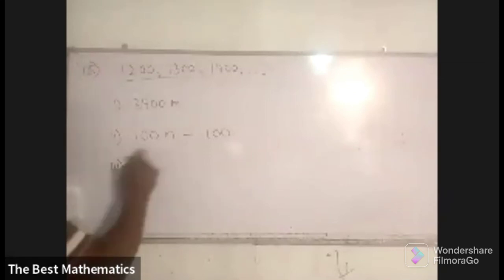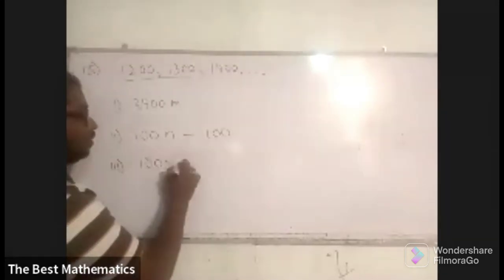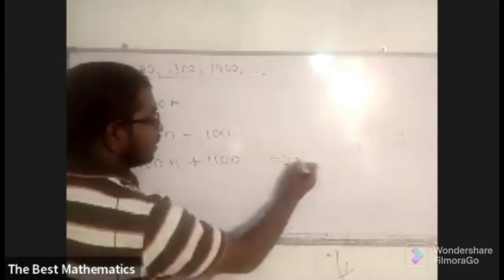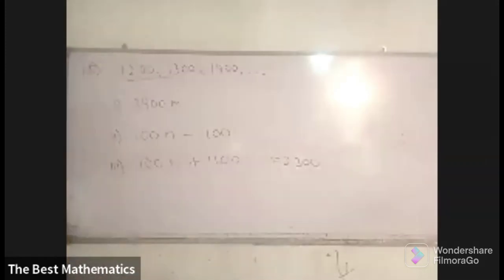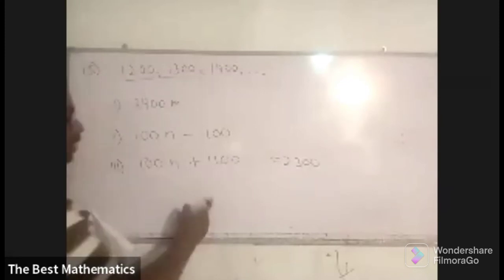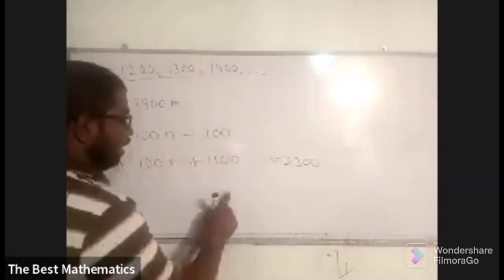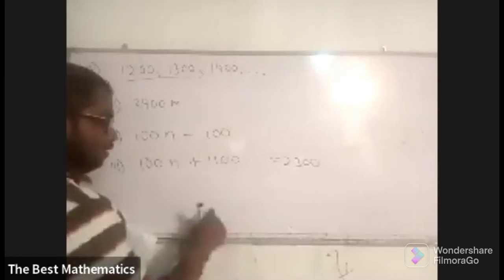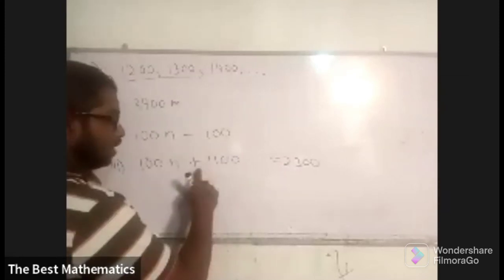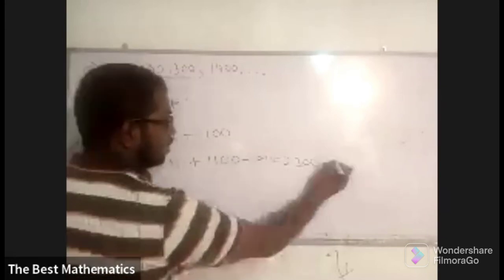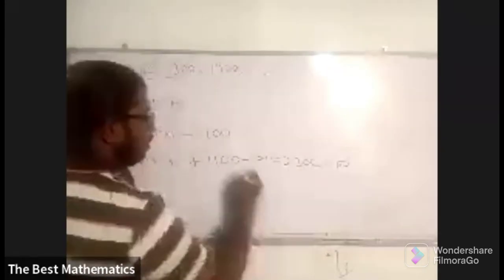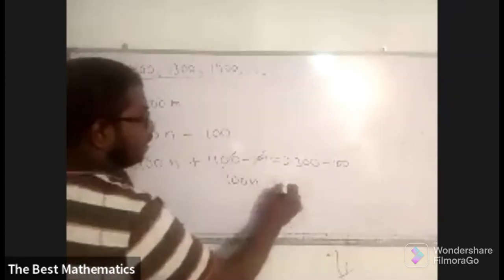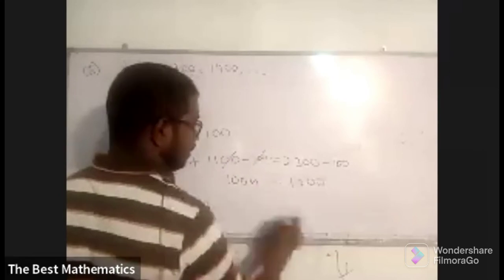Equalize this general term to 2,300 and simplify this equation. You will receive the day as the answer for n. 100n plus 1,100 equals 2,300. Subtract 1,100 from both sides, it will be cancelled. 100n equals 1,200.